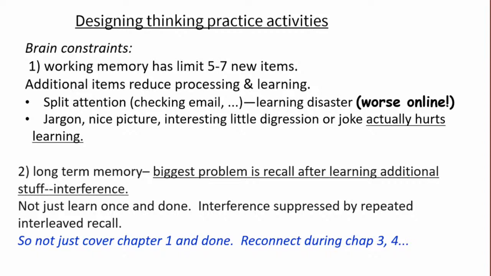But it turns out there's a way to solve this: as you're covering chapters 2, 3, and 4, you just have to periodically, occasionally spend a little bit of time going back and thinking more about chapter 1, and that cleans up all this growing interference. People can have much better long-term recall of material if they have this kind of occasional re-examination of old material while they're learning new material.